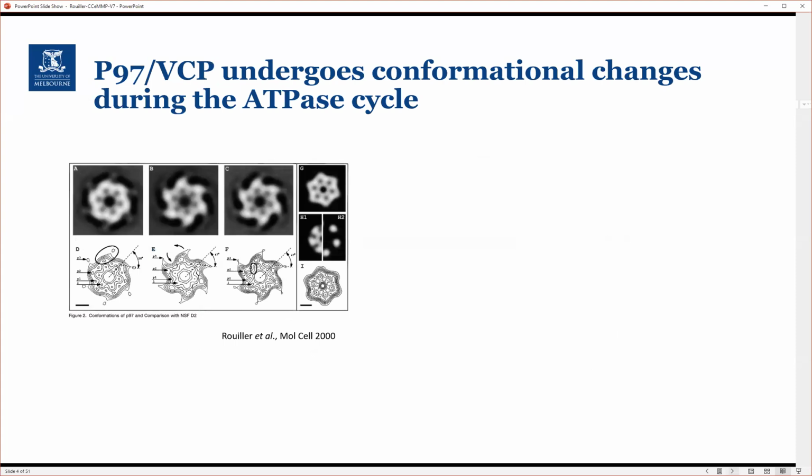Then, during my postdoc, I started working on this complex, reporting that P97, also called VCP as we will see later, is undergoing conformational changes during the ATPase cycle. First we showed using cryo-EM and 2D averages that we had a hexameric complex and that it was undergoing conformational changes.